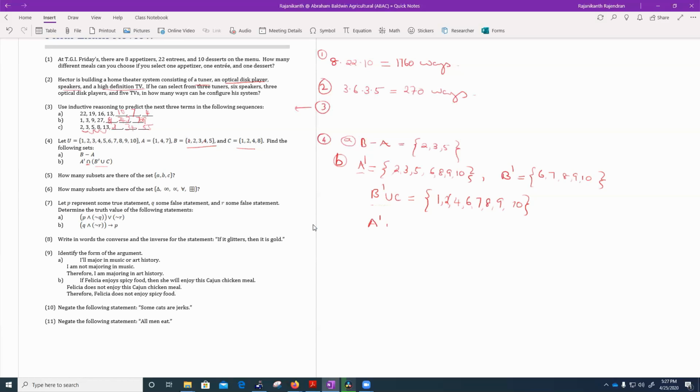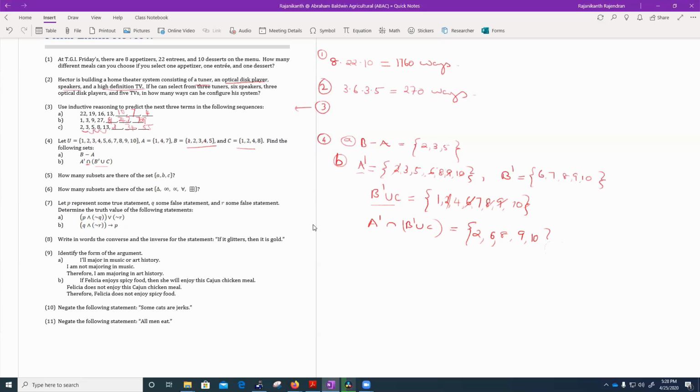So I need to write down the common elements between A prime and B prime union C. It is going to be 2, then what else? 6 is common, yes. 8, 9, 10, yes. Okay, so the answer is 2, 6, 8, 9, and 10.